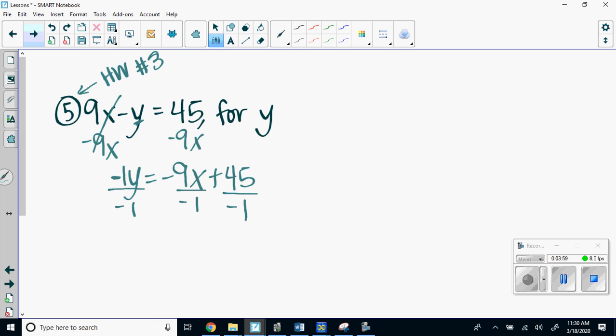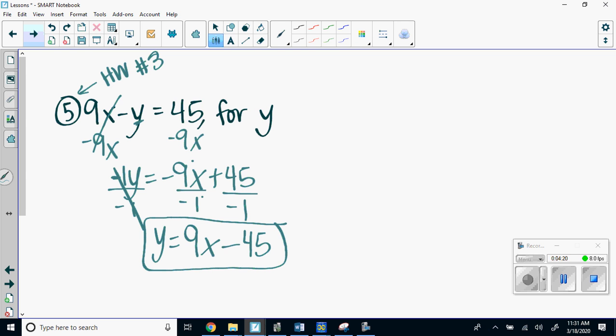What I do to one thing, I have to do to all things. So it's gone there. y equals negative 9 divided by negative 1 is positive 9x. It's not 8. It's 9 divided by 1, so it's 9x. 45 divided by negative 1 makes negative 45. Again, if you just fast forward it to get to your answer, that's cheating. Go back, make sure you know how I got there.